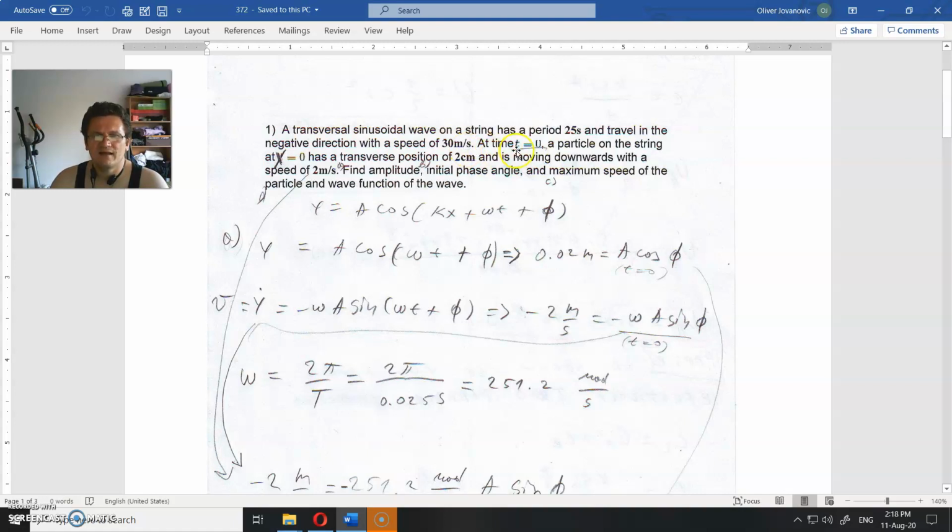Okay, at time t is equal 0, particle on the string at x is equal 0 has a transverse position of 2 centimeters and is moving downward with a speed of 2 meters per second. Under A, find amplitude, B, initial phase angle, C, maximum speed of particle, and wave function of the wave.